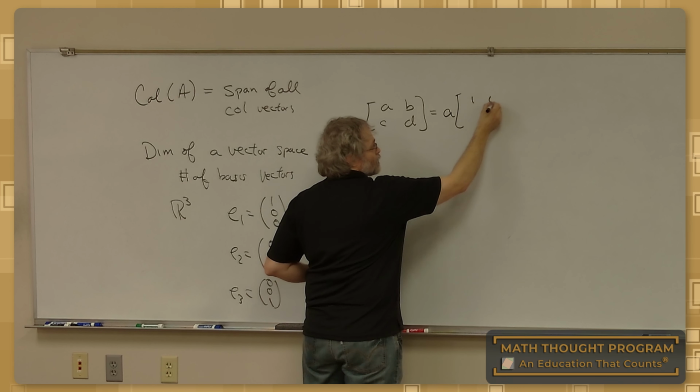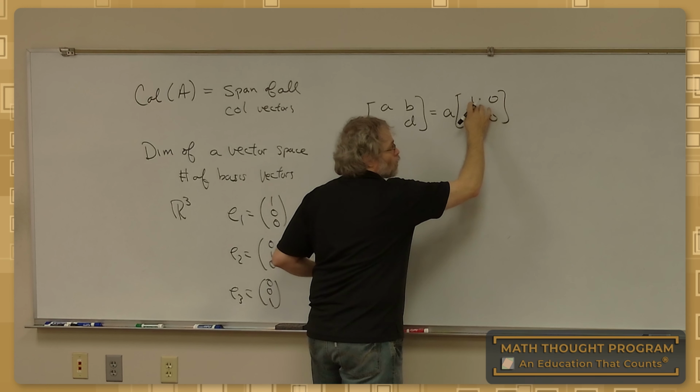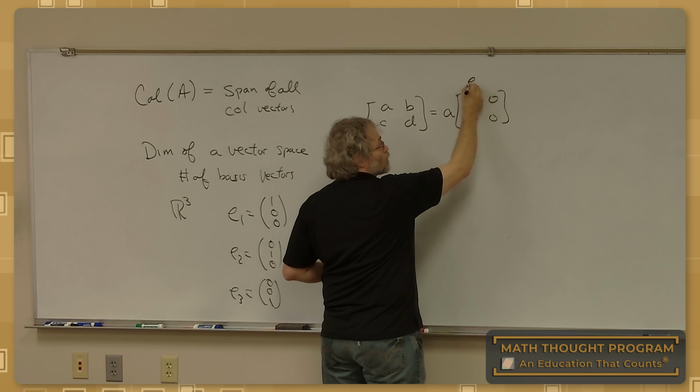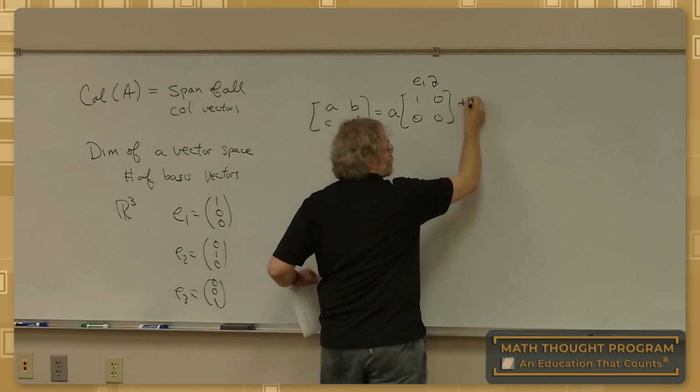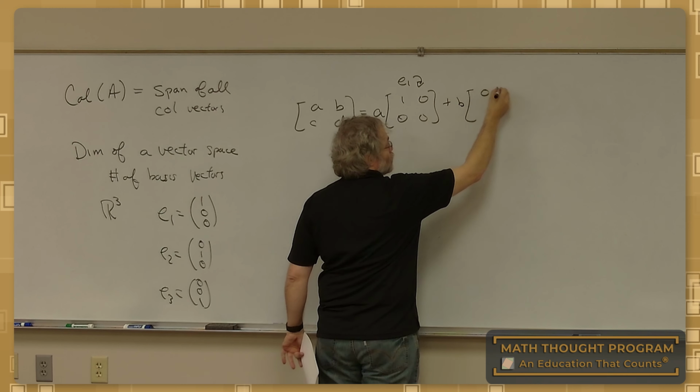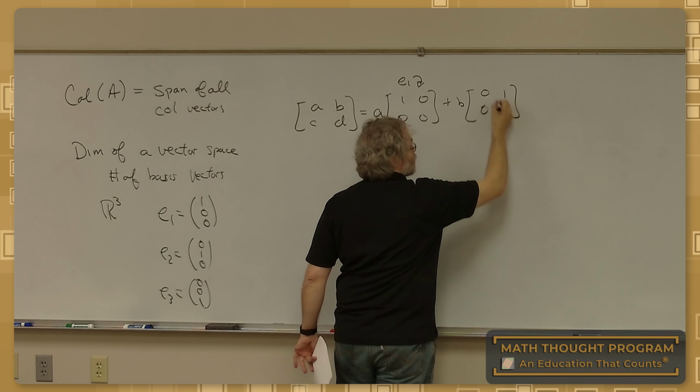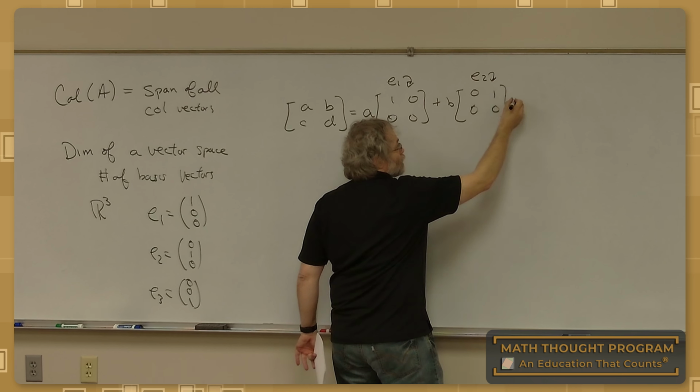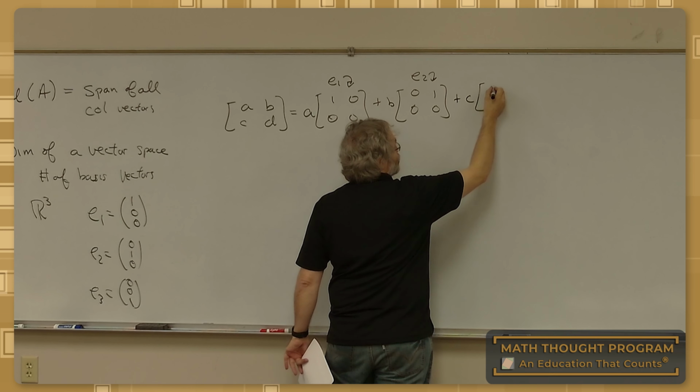Here I can look at the matrix [1, 0; 0, 0], and this would correspond to E1. The matrix [0, 1; 0, 0] takes on the meaning of E2. And likewise, all the way down.